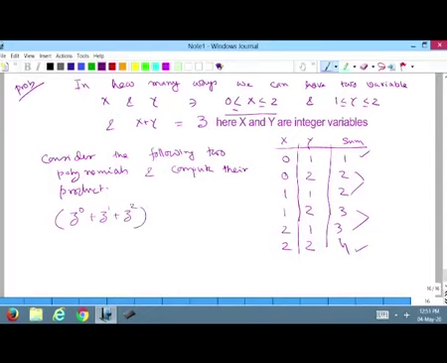And the second one is corresponding to y, which takes values only 1 and 2. Therefore, we write z to the power 1 plus z to the power 2.